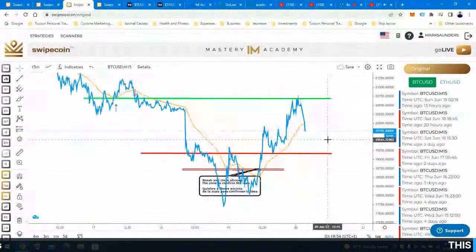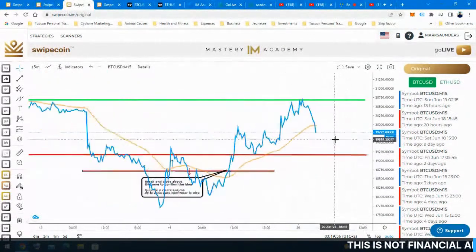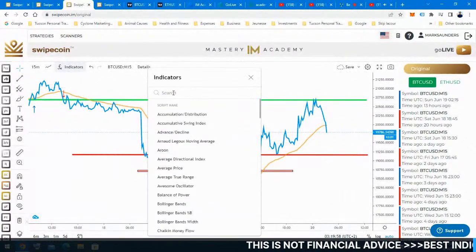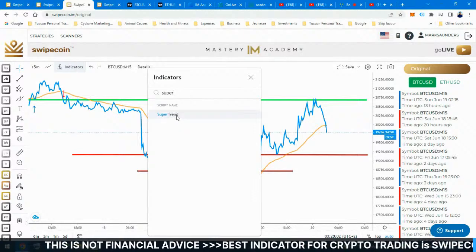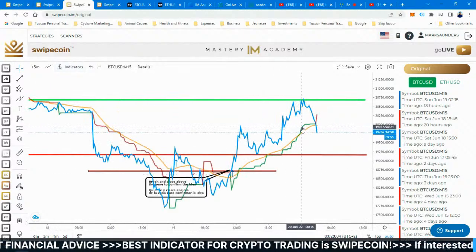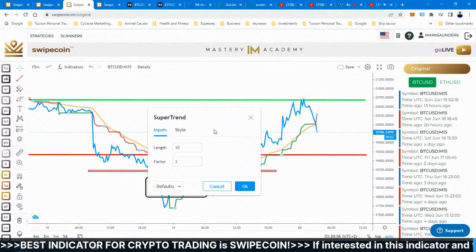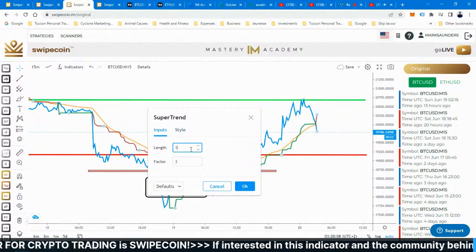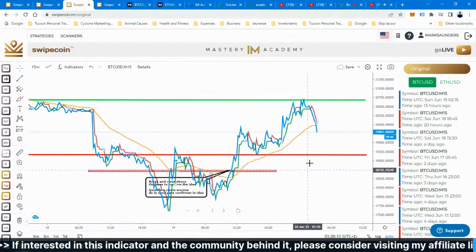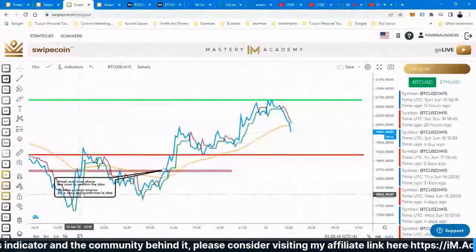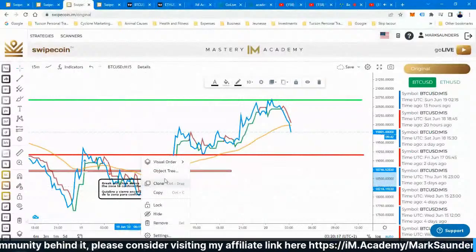All right. So now I'm going to check my work. I'm going to add in a very awesome indicator called Super Trend. And this is something really unique. Nobody else has this Super Trend. It's a really special indicator. Okay, so I'm going to copy this.